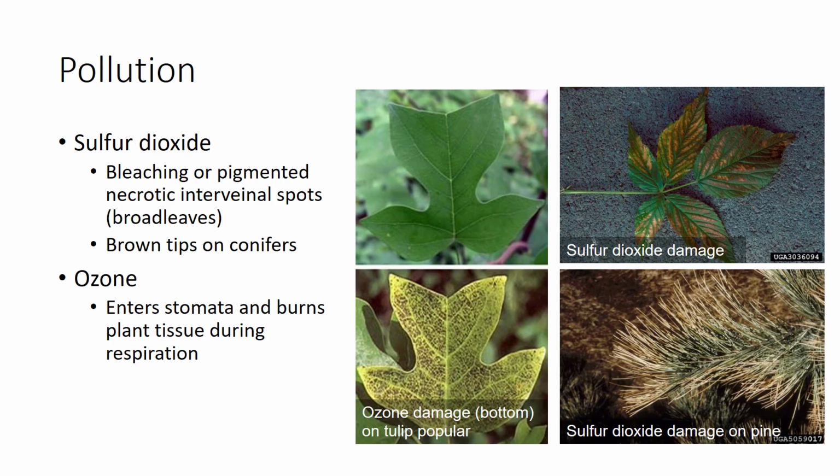Symptoms include bleaching or pigmented necrotic interveinal spots on broadleaf plants and chlorotic spots and bands or brown tips on needles of conifers. Ozone forms when other pollutants, mainly nitrogen oxides and volatile organic compounds, react in the atmosphere in the presence of sunlight. Ozone damages plants by entering stomata and oxidizing, burning plant tissue during respiration.